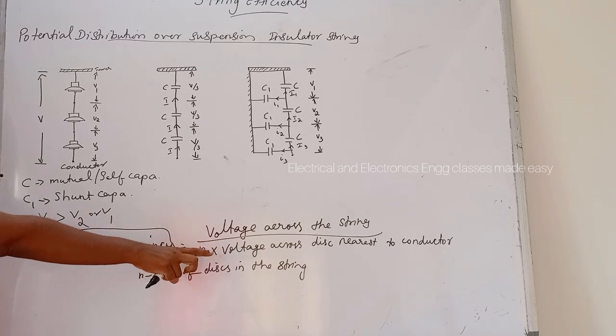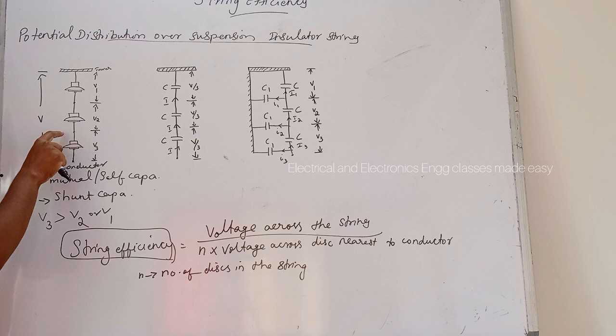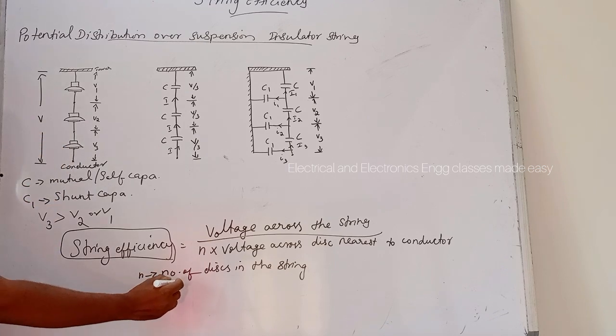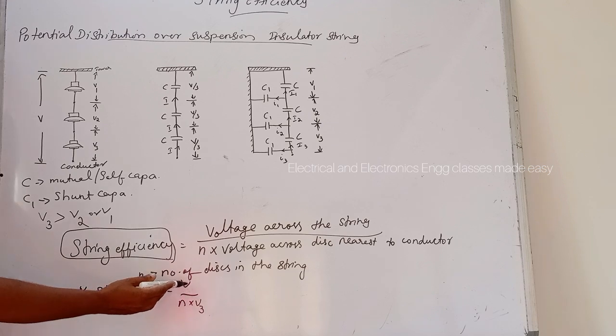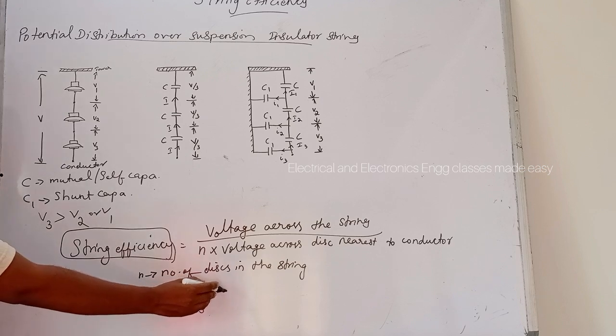We can write V divided by n into V3. Percentage string efficiency is equal to V divided by n into V3, into 100.